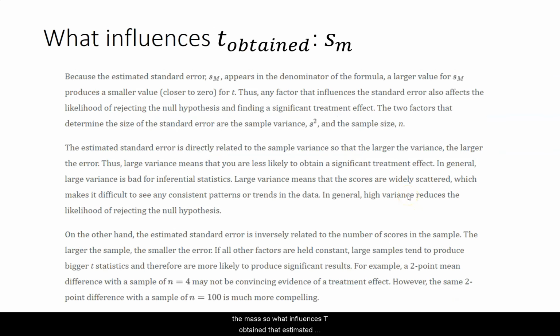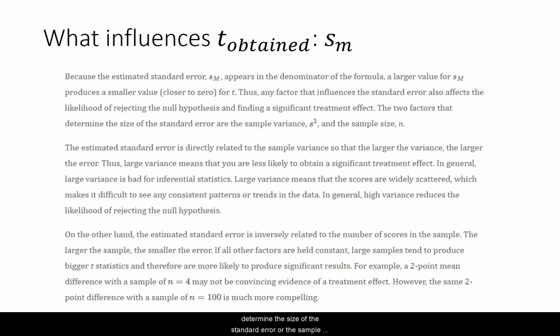So what influences t obtained? That estimated standard error. Because the estimated standard error appears in the denominator of the formula, a larger value for the estimated standard error produces a smaller value for t. Any factor that influences the standard error also affects t, or the likelihood of rejecting the null.